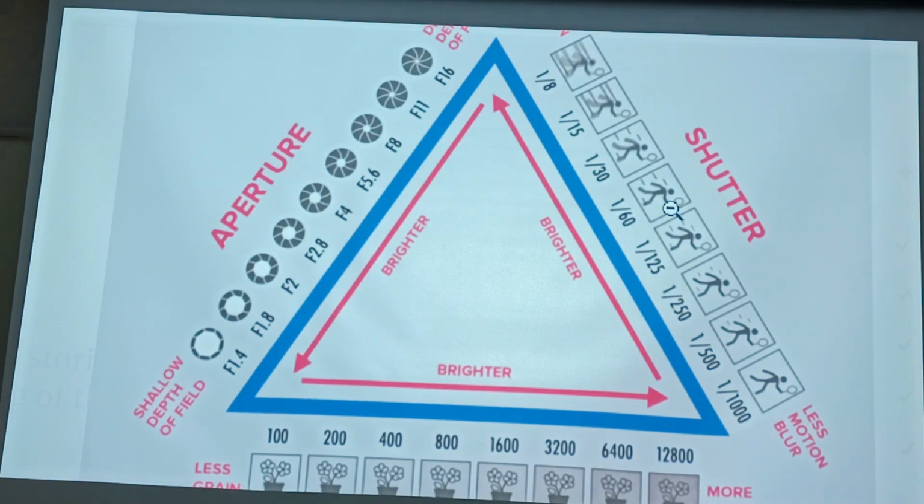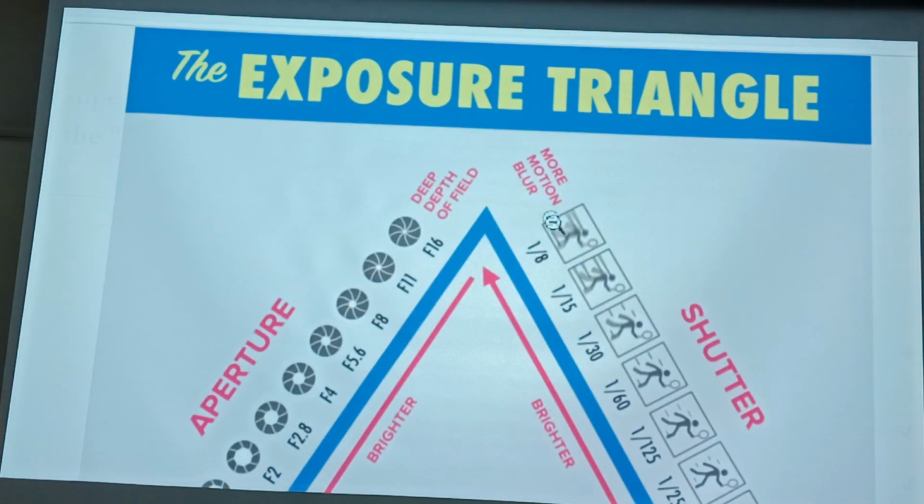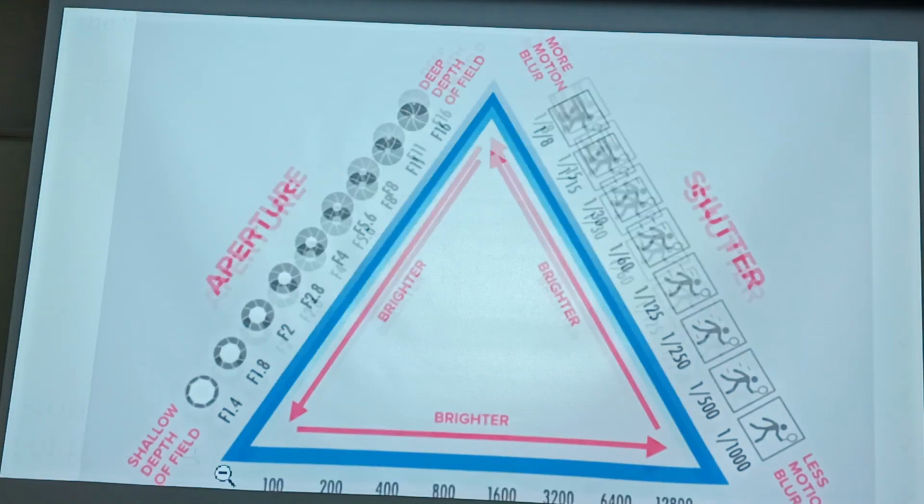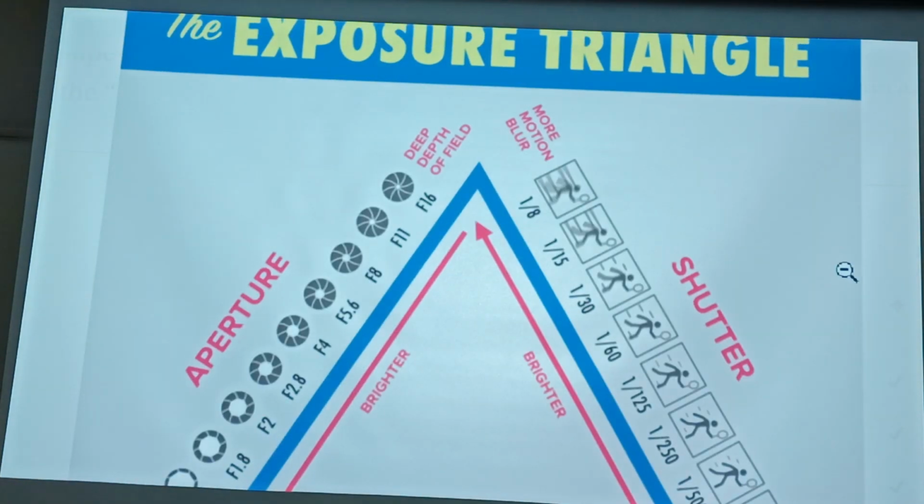So if we double our shutter speed, we know that we can go from f5.6 to f4 and get the same exposure that we had at 1/30th of a second and f5.6. So let's take a look at what that looks like in action.